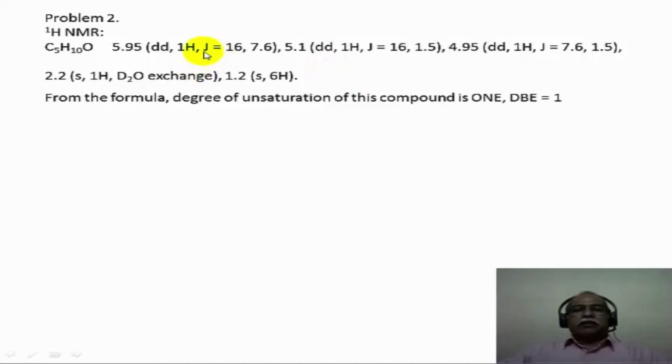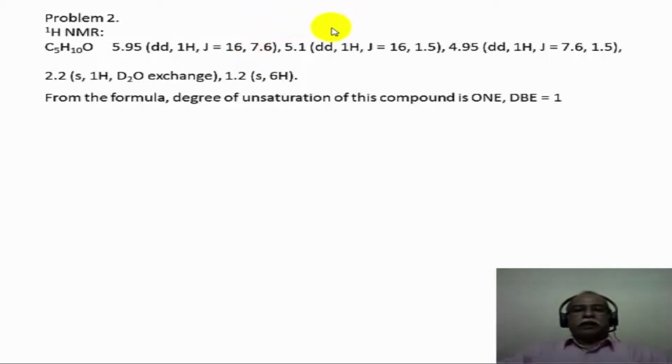In addition to that, if you look at the J values, which are the coupling constant values, a J value of 16 is actually a fairly large value for the coupling constant. This would only mean that there is a trans kind of double bond present in this molecule, and a 7.6 coupling would correspond to roughly 2 hydrogens being cis to each other in a double bonded system.